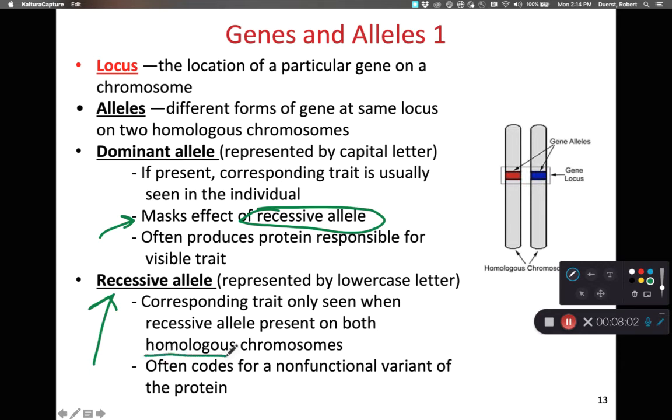So they need to be homozygous for that specific recessive allele. And these recessive alleles are usually, not always, but usually going to code for some non-functional variant. So a lot of our genetically based diseases are going to be recessive allele-based diseases. Not all, but a lot.